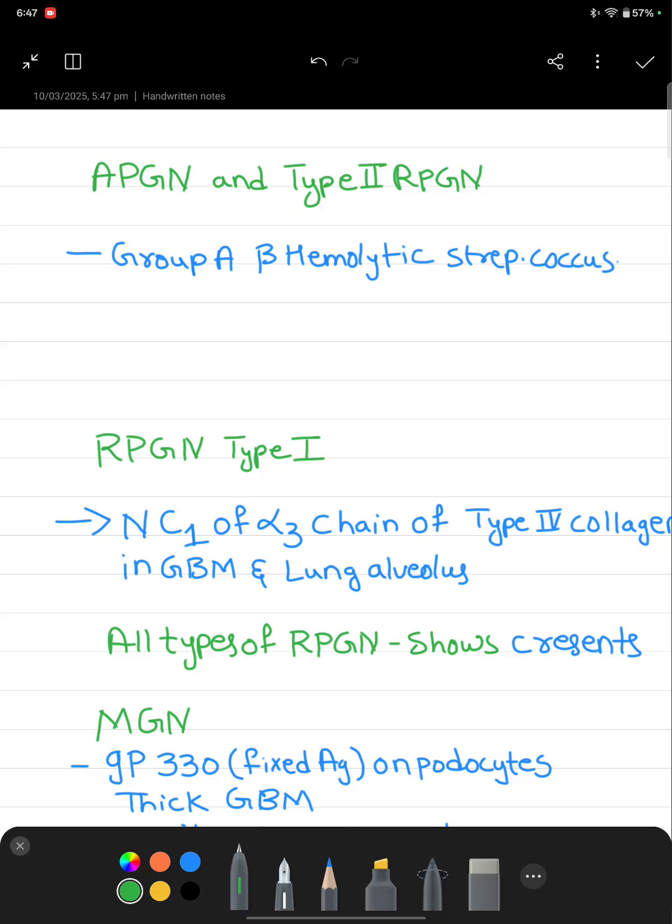In APGN and type 2 RPGN, the content is group A beta hemolytic streptococcus.